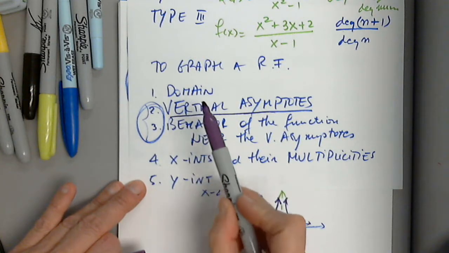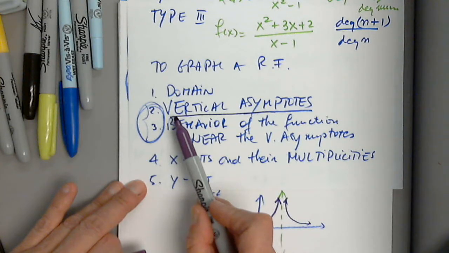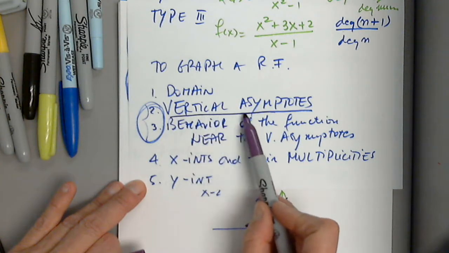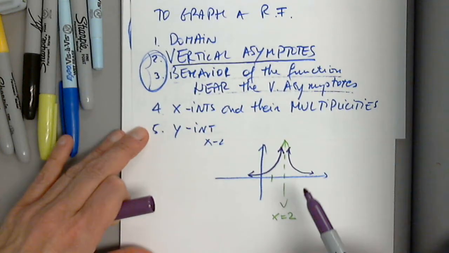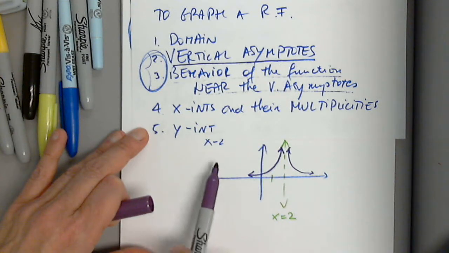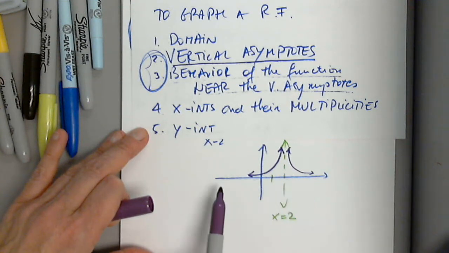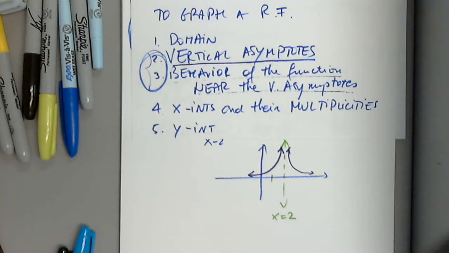So if a function is undefined at the value of x, unless that special case happens, it will have a vertical asymptote, and the behavior of the function near the vertical asymptote is infinity from the left, or infinity from the right, or negative infinity from the left and negative from the right, or any combination. There are four possibilities. Infinities on both sides, negative infinity on both sides of the asymptote, or this, or this. And we will verify that for any rational function.